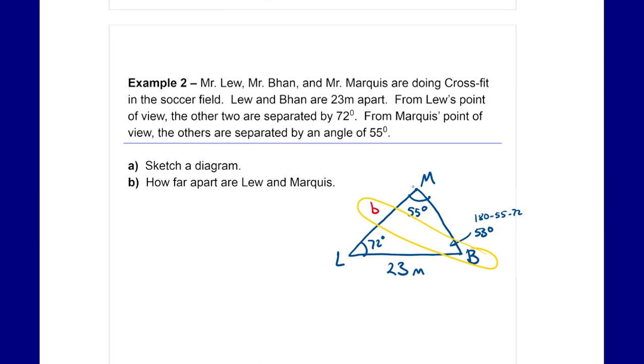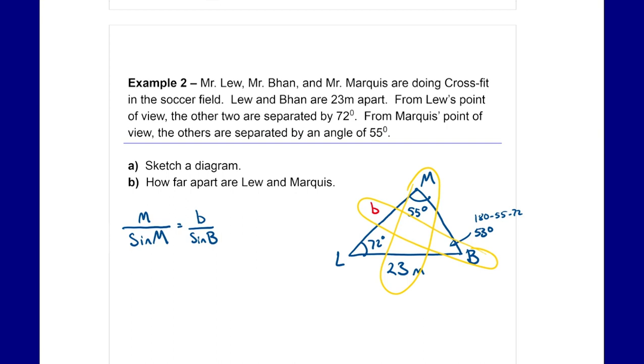I do have another pair here: the angle of 55 and the side of 23. So there's enough information to use the sine law to help me find side b. Here we're going to have little m over sine big M equals little b over sine big B.